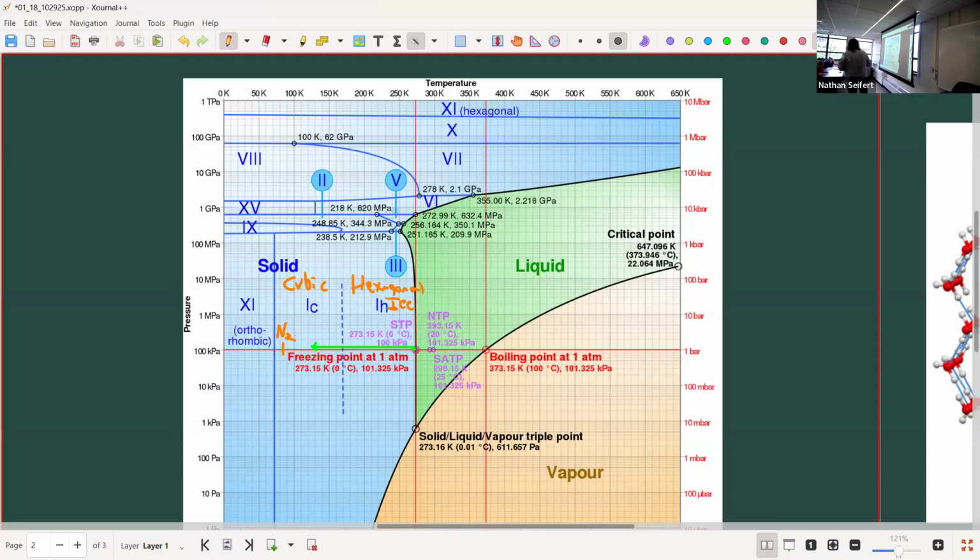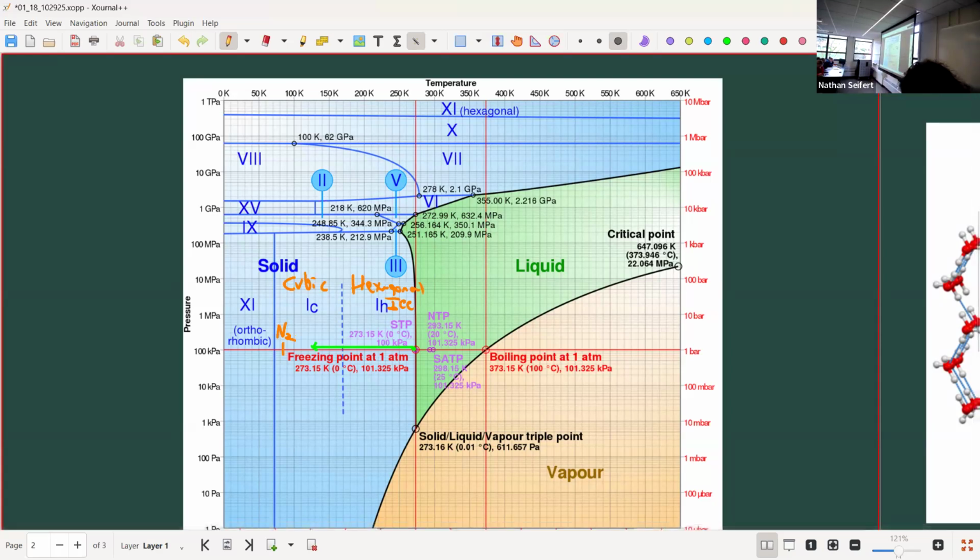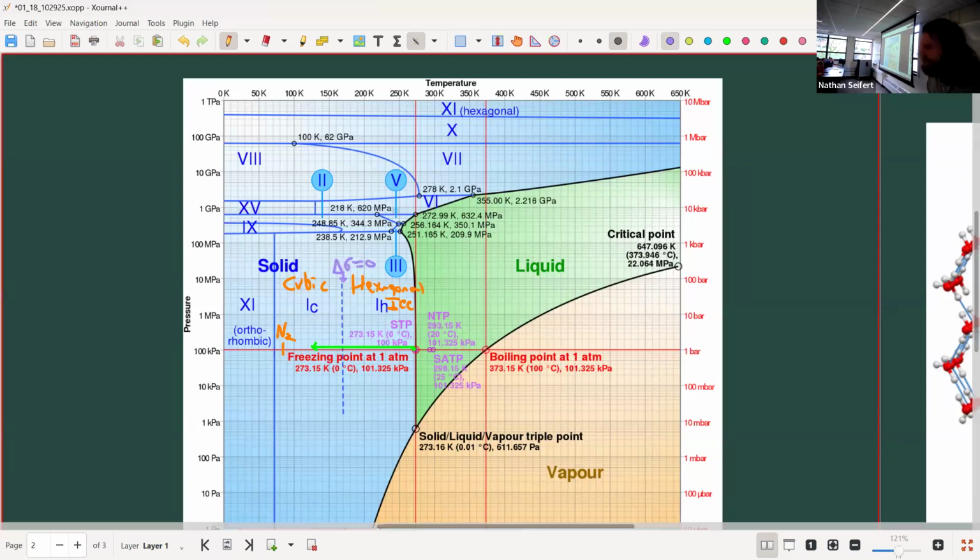So what would I expect, right? I would take my hexagonal ice and I would drop it down to 77 Kelvin. As I cross this line right here, this is the line of delta G equals 0. As I cross this line, cubic ice now becomes spontaneously favorable, delta G is negative.